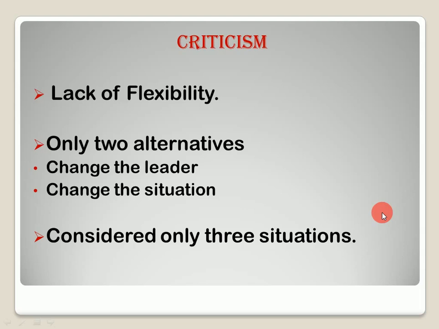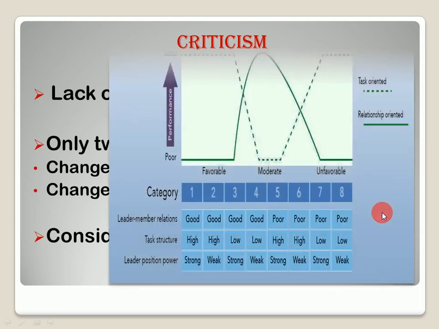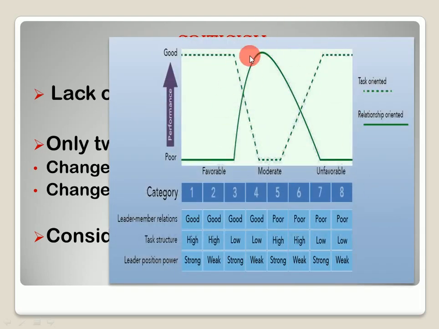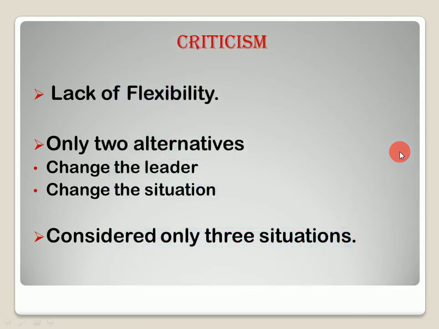If the leader falls near the middle of the scoring range, in the moderate range where we have a mixture of the favorable as well as the unfavorable adjectives, it would be very unclear to categorize which style the leader adopts. So he was criticized for this point as well.